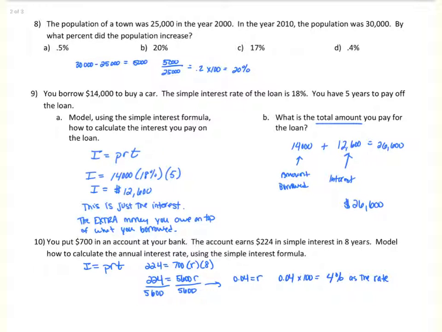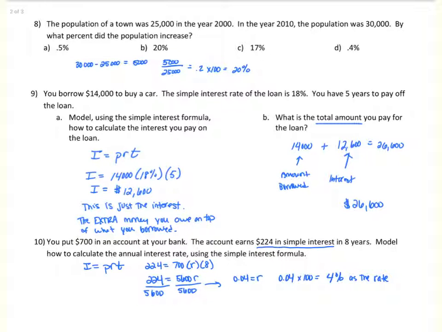All right, number 10, you're given I in this case because it says 224 is the simple interest. So once you use the formula, you're going to plug in the interest and the P and the T. You leave R alone. So once you multiply 700 times 8, you get 5,600. 224 divided by 5,600 is 0.04, but remember, this is a rate.